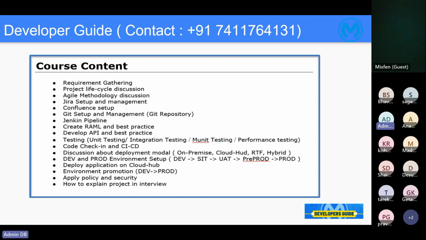Coming to dev, SIT, and UAT, those can be different from pre-prod and production in terms of capability, like the number of vCores and memory, which can be a bit lower in dev, SIT, and UAT. But pre-prod should be similar to production, since pre-prod is nothing but replicating everything before going to production.